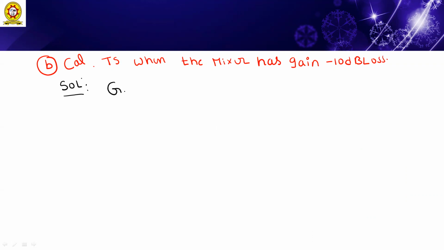For GM equals minus 10 dB, for a given linear region, this GM is 0.1 as a ratio.